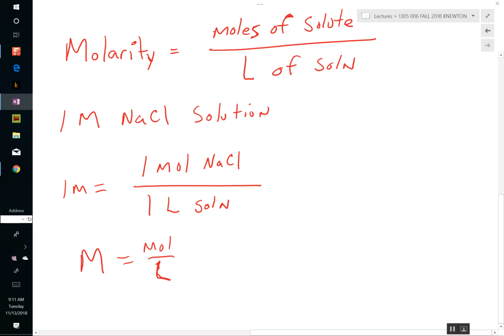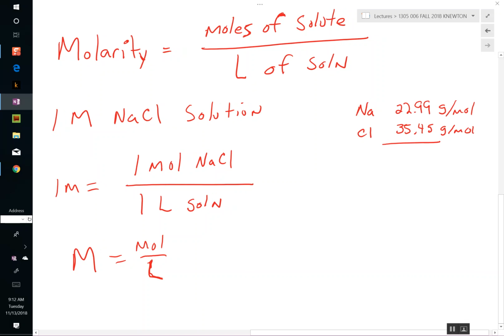In order to make that solution, I would need a mole of sodium chloride. Sodium is 22.99 grams per mole. Chlorine is 35.45 grams per mole. So sodium chloride is 58.44 grams per mole.